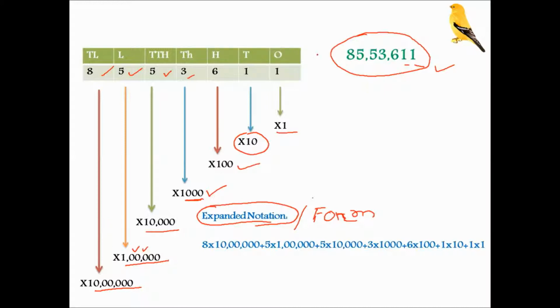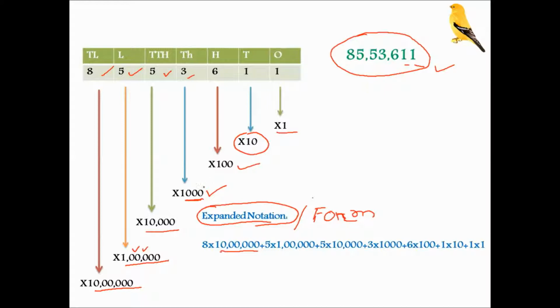Now let us find out how to write the expanded notation. Since it is 85,53,611, 8 is multiplied by 10 lakhs, plus, when we write expanded notation we give a plus sign.